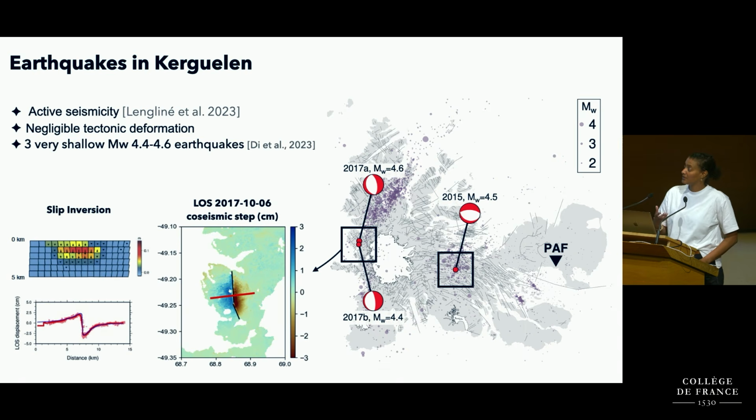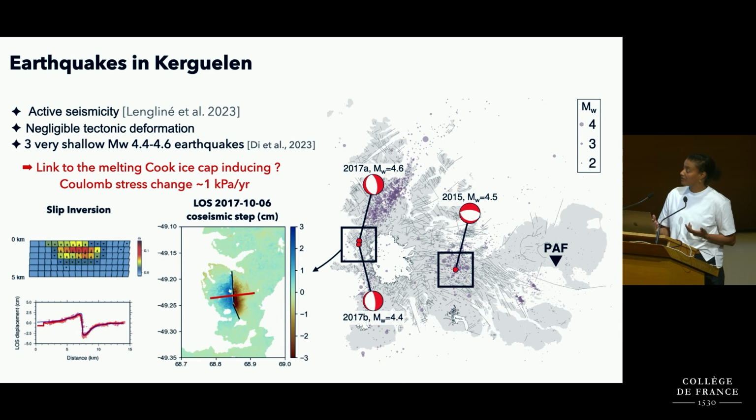But if we do a slip inversion, we see that those earthquakes are very shallow, with slip at 2 kilometers depth or 1 kilometer depth, and they may be linked to the Cook ice cap melting, which has induced, for the past 70 years, Coulomb stress changes of about 1 kilopascal per year. But still, this is very much open. This has been shown for GIA deformation, but for recent ice melting, we don't really know what the interactions between the ice and earthquakes are.